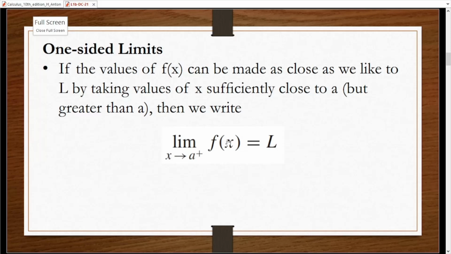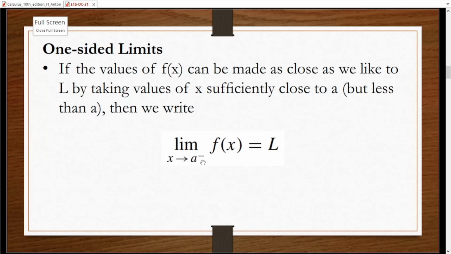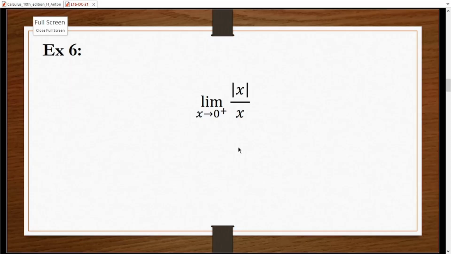So, that is the one-sided limit for a positive. So, pagdating naman kay a negative, we will be taking values of x sufficiently close to a but less than a.